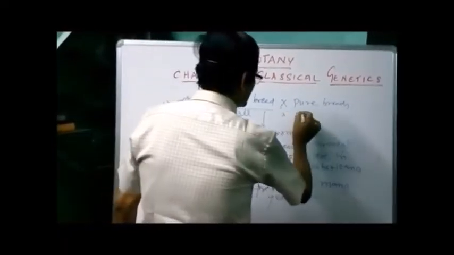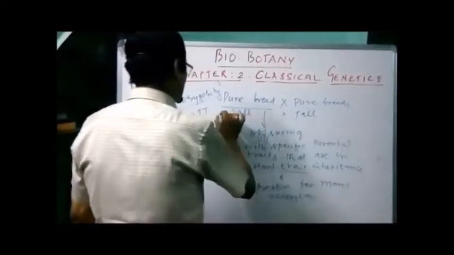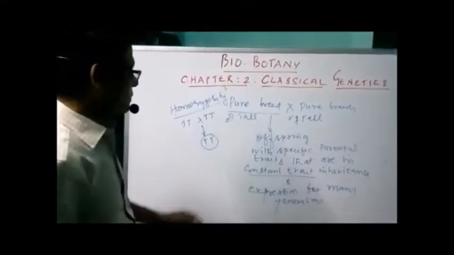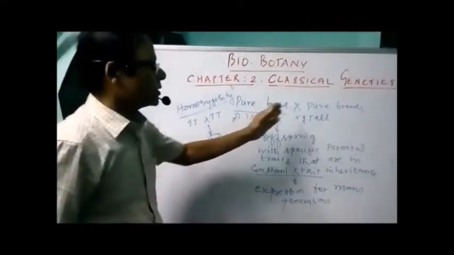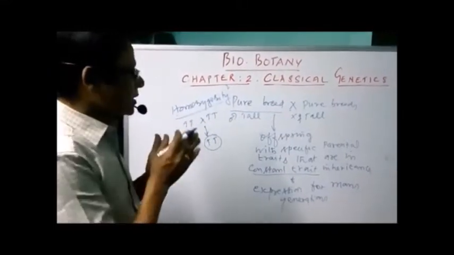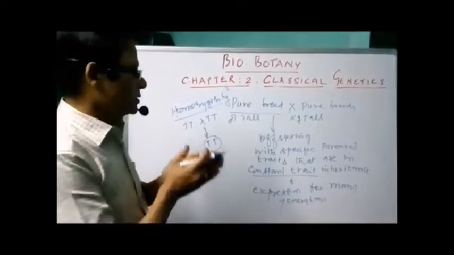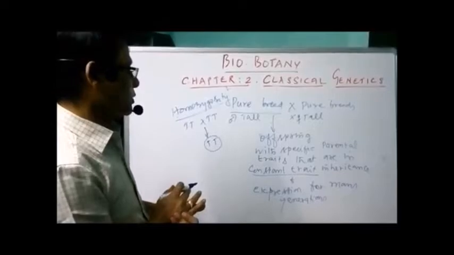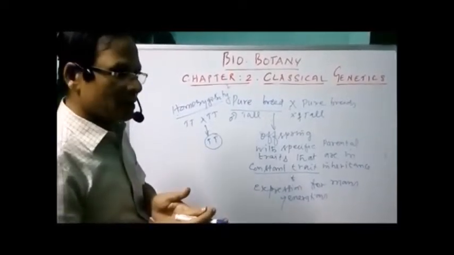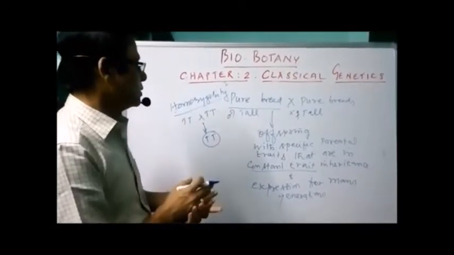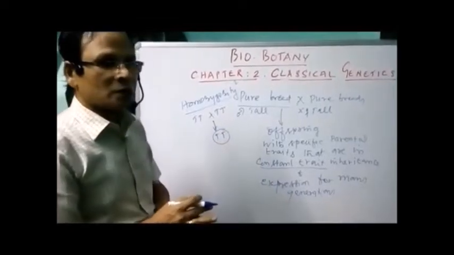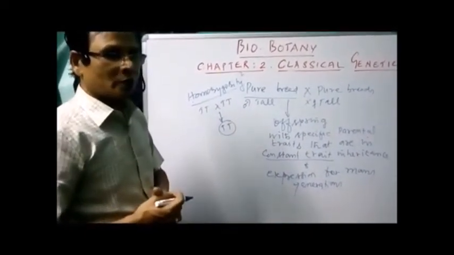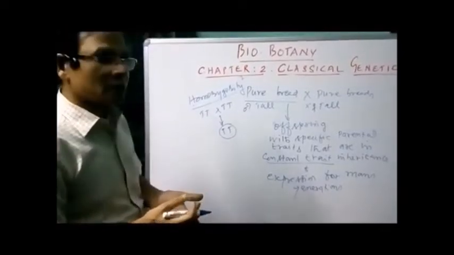So maybe this is the male plant and this is the female plant, let's assume. The fusion of male and female gametes derived from the same individual, for example in a bisexual flower, the union of pollen grains and the egg in the ovule in the same plant, is called the self-fertilization process.